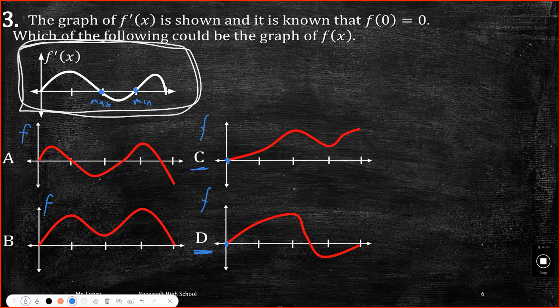What else can we use? The slope is 0 here at 1. That's an inflection point. No? Yes. Inflection point at 1. There's no inflection.